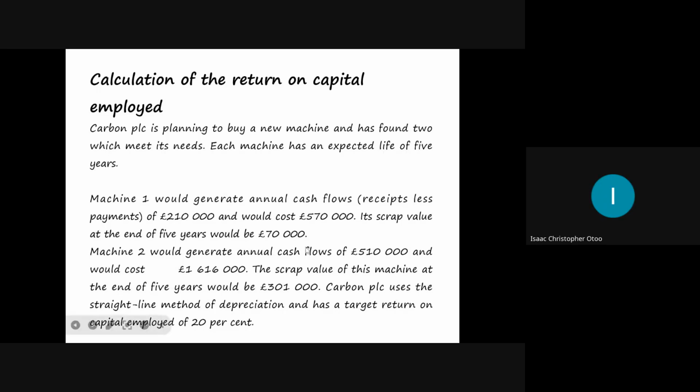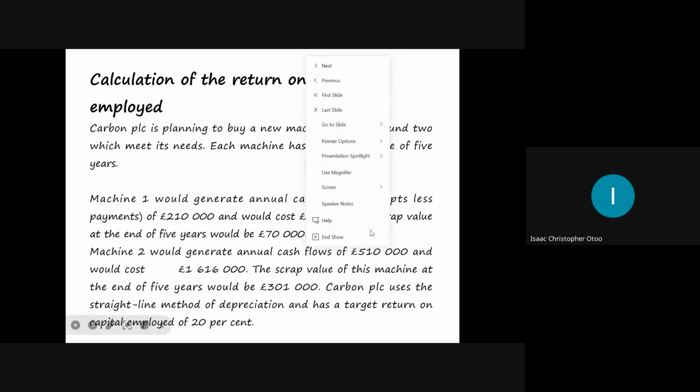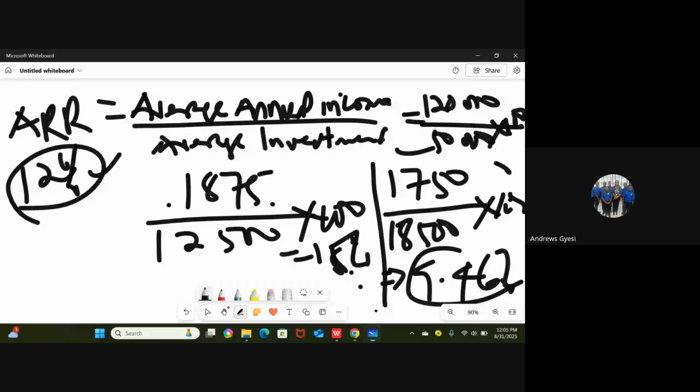To get the original profit, you have to deduct depreciation from the profit. So the total cash flows generated, 1050 minus 350, will give you the profit: 700,000.